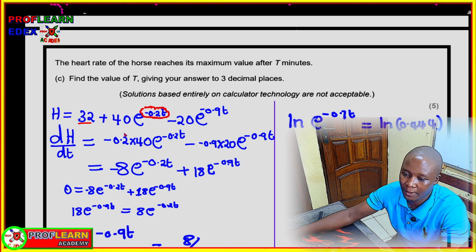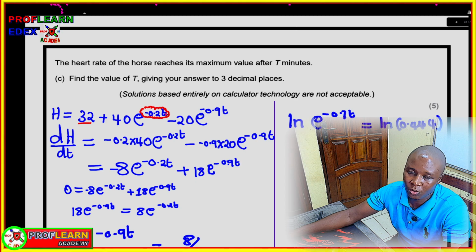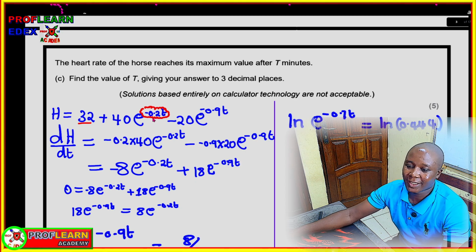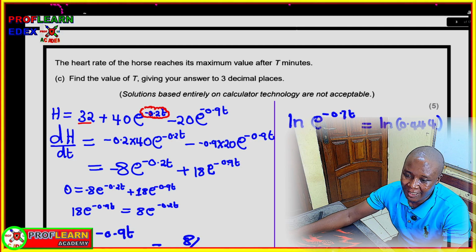Which function is there? It's negative 0.2t. So if you differentiate negative 0.2t, you are going to get negative 0.2. Then you take that answer you have gotten, you multiply it with the number in front here. So that is why you can see I'm having negative 0.2 times 40, and the function remained the way it was.